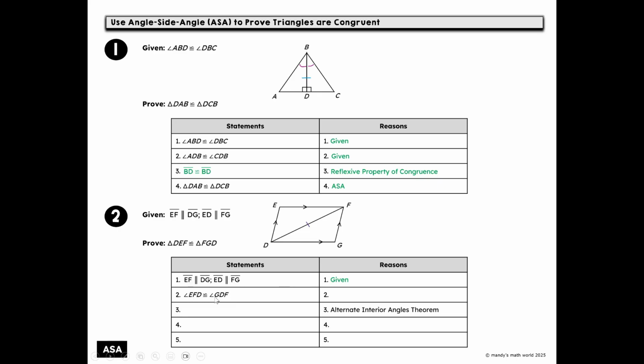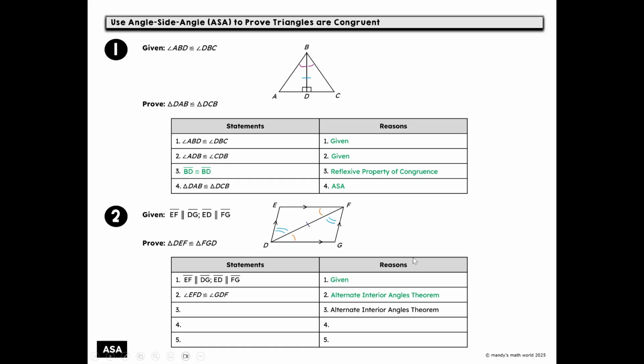Okay, so now I have that angle EFD is congruent to angle GDF. And that is a result of this line being parallel to this line and this transversal cutting it, right? That's how those angles are formed. And those are alternate interior angles. The alternate interior angles theorem tells me that those angles are congruent.